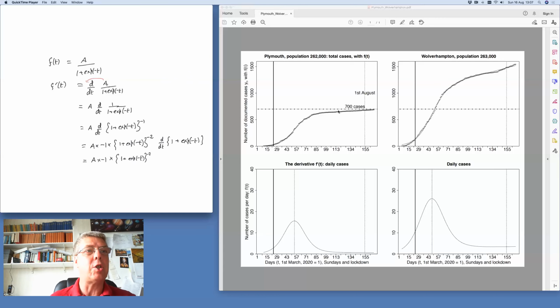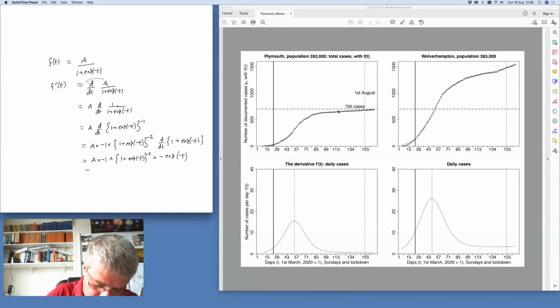Now, when I differentiate 1, I just get 0. When I differentiate e to the minus t, I get minus exp(-t). In effect, I'm applying the chain rule again and then multiplying by the derivative of the minus t.